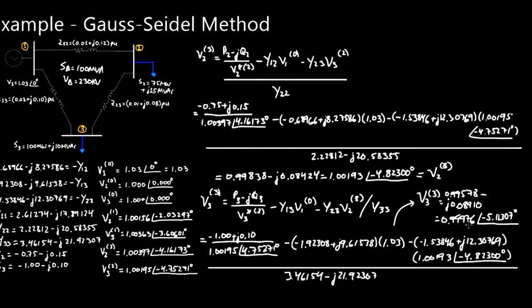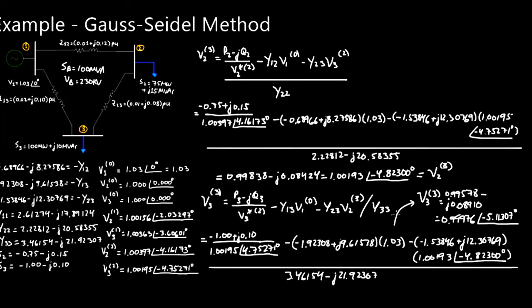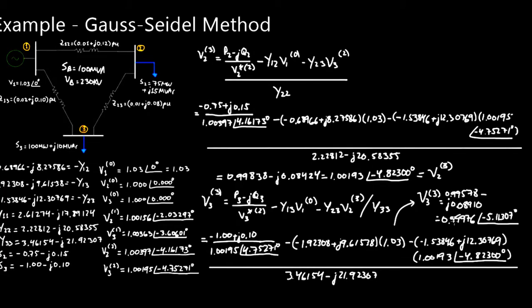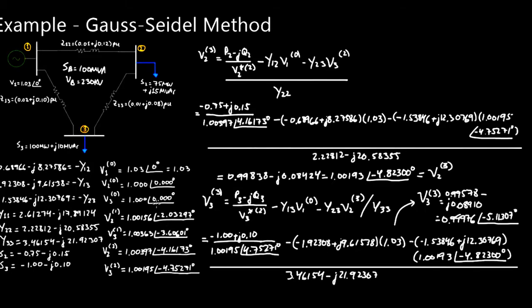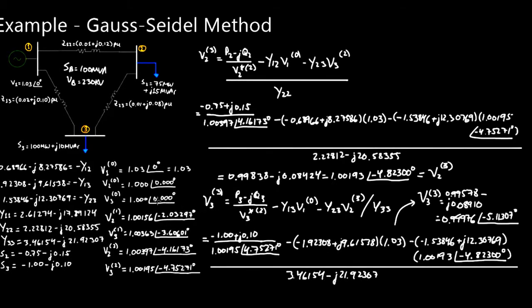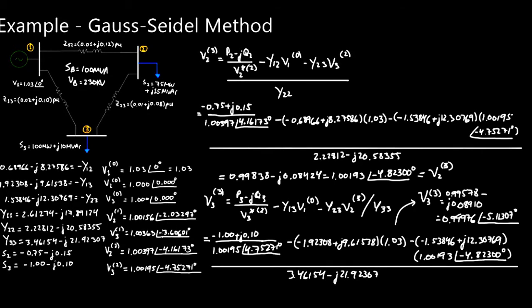Let's compare this to the previous result. We see again that the magnitude also went down for V3. Now it's starting to come below 1 per unit. And you see that the angle from the initial guess to the first iteration changed by about minus 3 degrees, so it went from 0 to minus 3.6 over here.